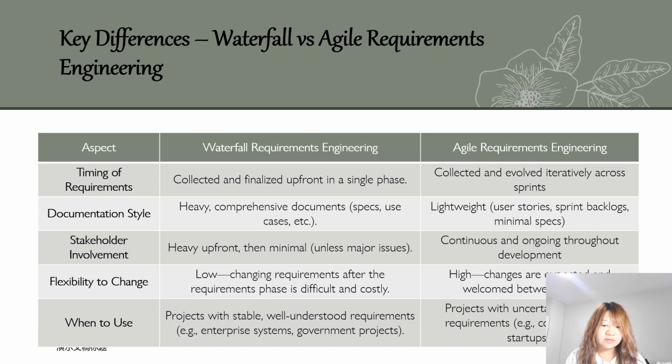Stakeholder involvement: Waterfall needs heavy early input, then little. Agile keeps stakeholders engaged throughout. Flexibility: Waterfall makes changes hard and costly. Agile expects and welcomes change between sprints.